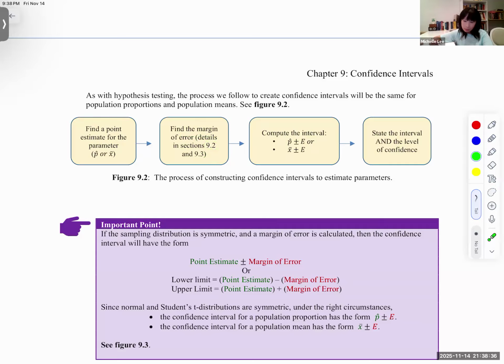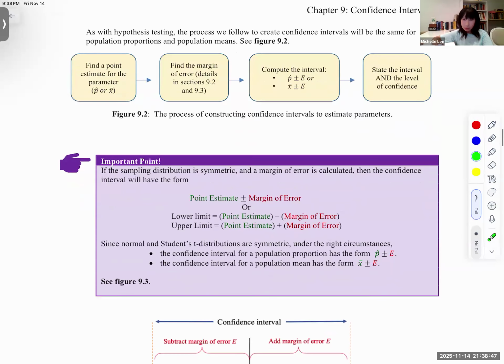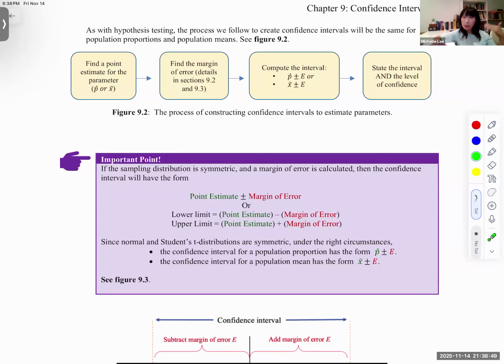And then we want to compute the interval. All right, so let us do this one. Just understand the basic concept for this section, and then we'll get into the real stuff in 9.2 and 9.3. So we have a point estimate plus or minus the margin of error, right?